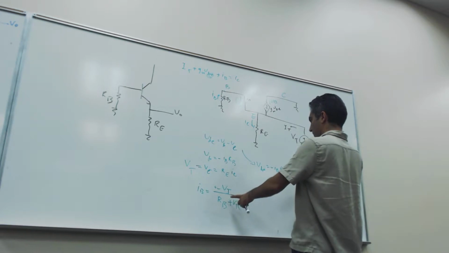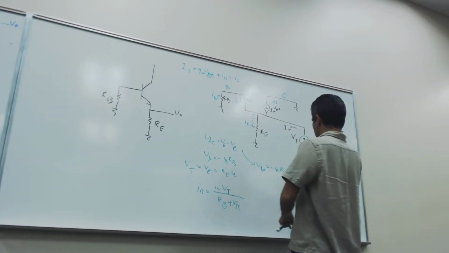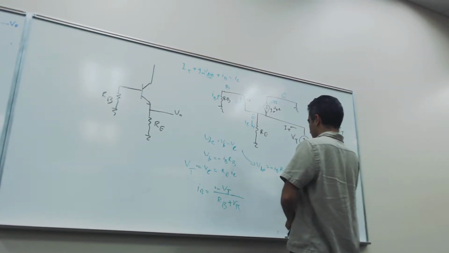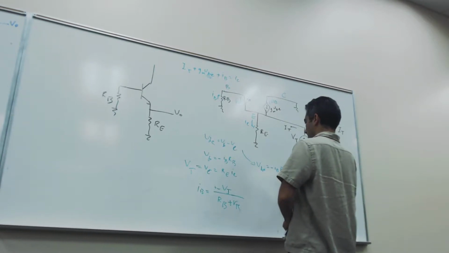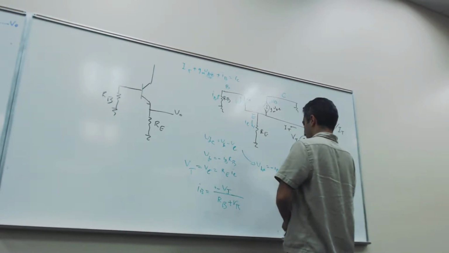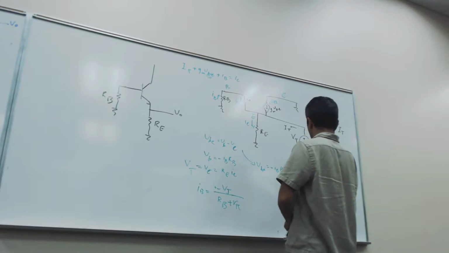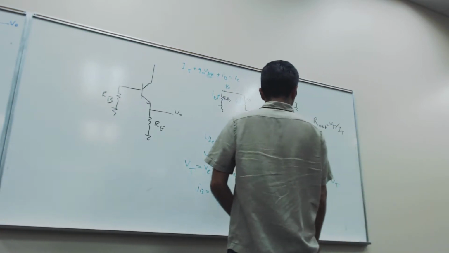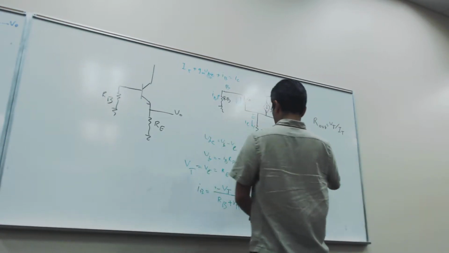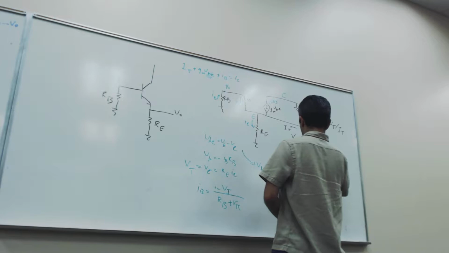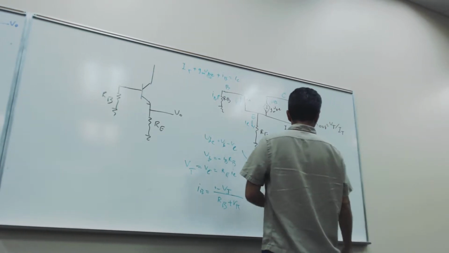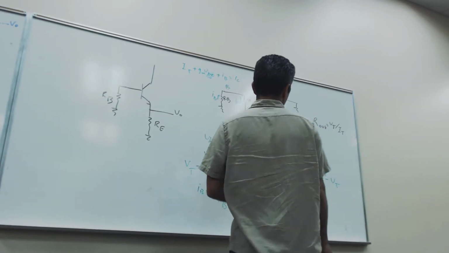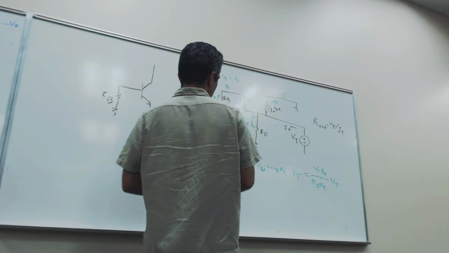So now we have IB as VT divided by RB plus R pi minus VT, right? Times RB. Good. Now it's started to look good.